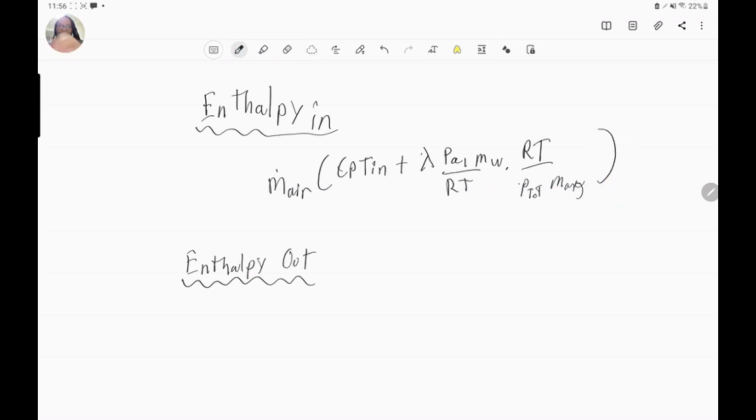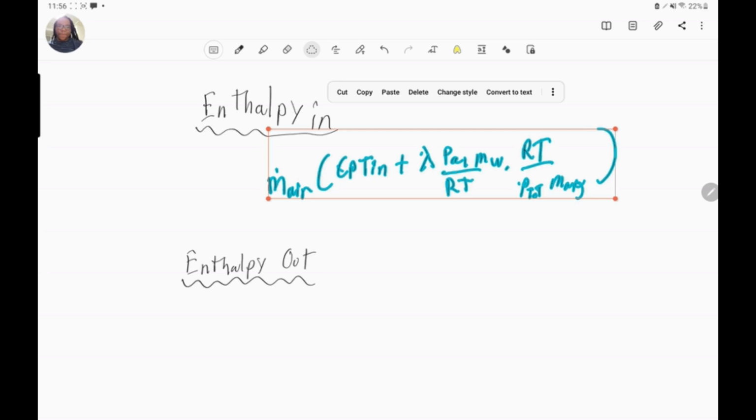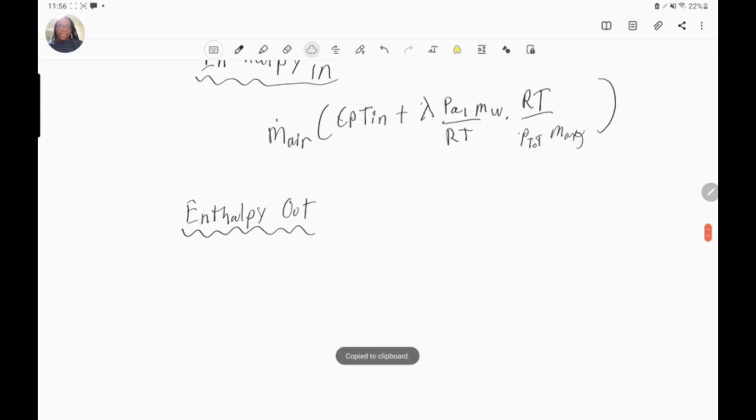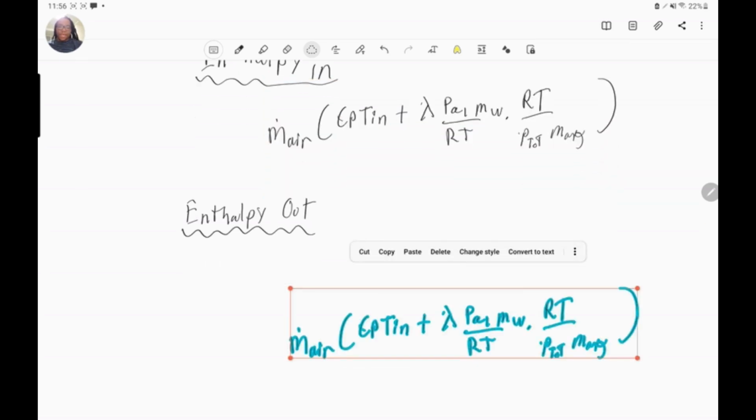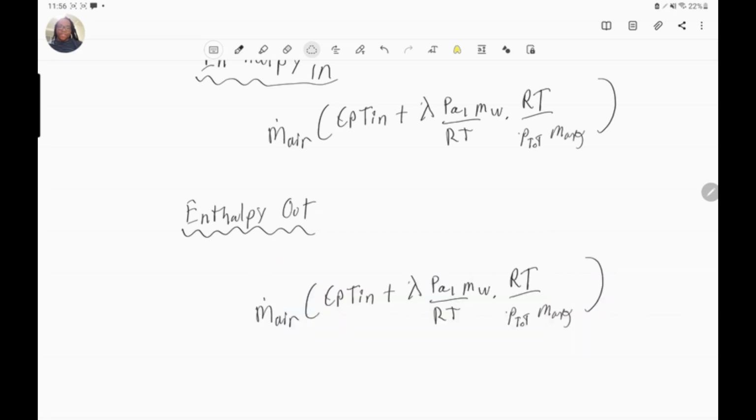Our only differences will be our temperature here, so it will be our temperature out. Then our other difference will be our partial pressure, so it will be PS.